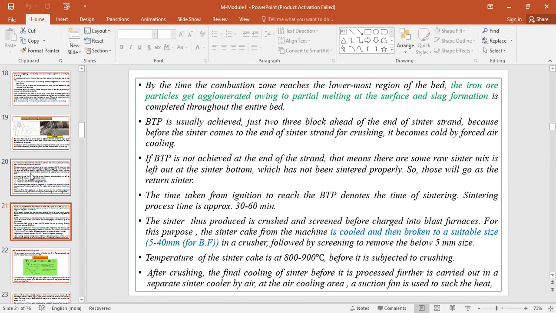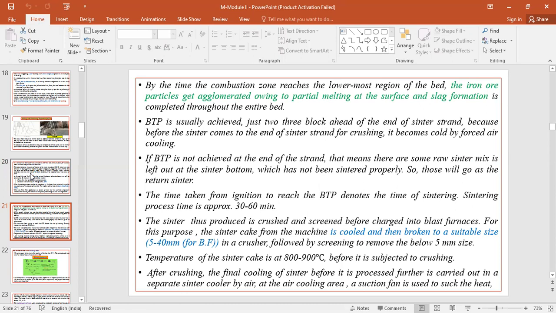And this burn through point we usually attain when the lowest layer of the sinter bed attains the maximum temperature. That is called burn through point. This we basically attain at least 2 to 3 blocks ahead of the end of the sinter strand, because before the sinter comes to the end of the strand for crushing, it should become cold by forced air cooling.